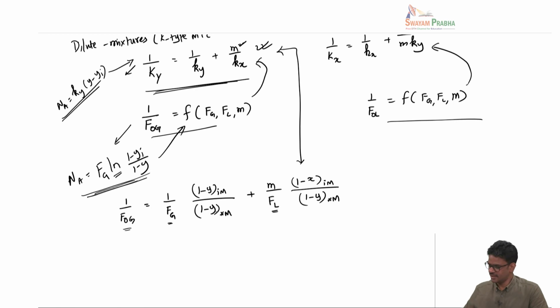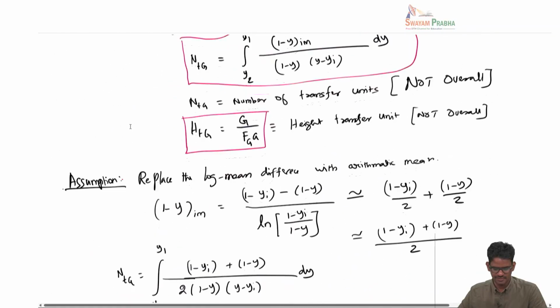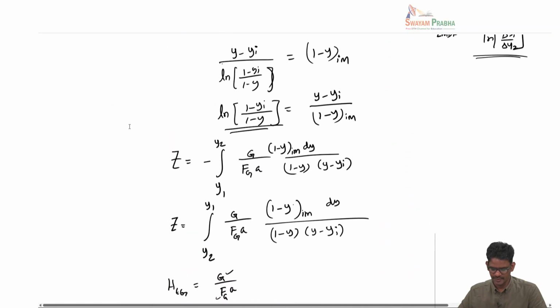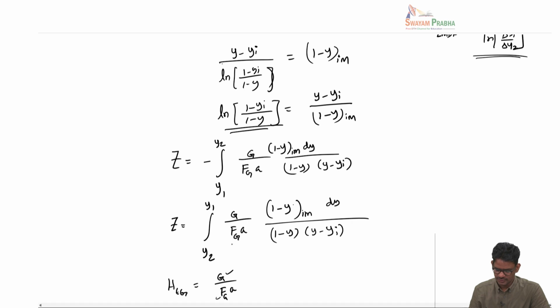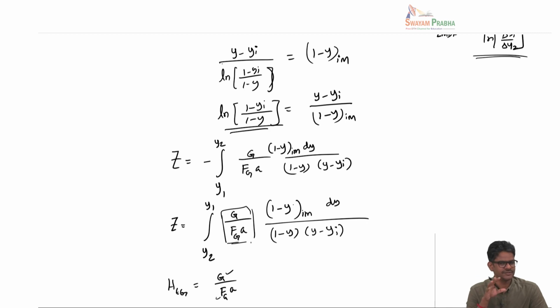If I go back in the derivation of these equations, I said G is changing, and Fg also will change, but the group of terms together is found empirically to be almost constant. So I can take the group of terms out, but not individually.